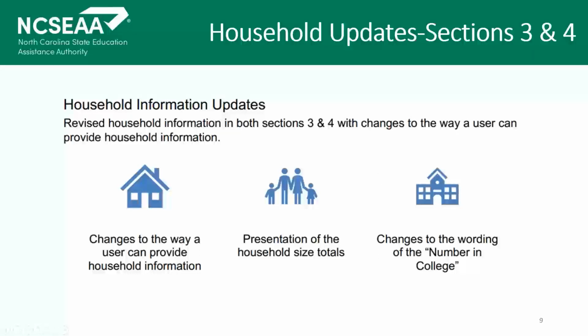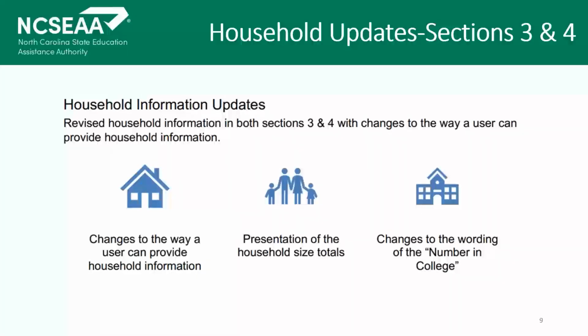There also are some household updates on the financial aid application. It actually changed the way a user provides their information. Again, with skip logic and checking for errors, there are also ways that the application will automatically assume or calculate based on how a student answers questions.